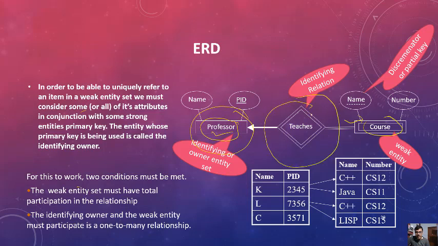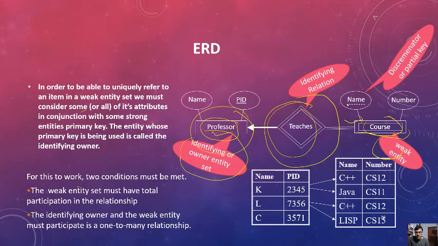Obviously the primary key, which we can denote, though it is not actually the primary key, is the name and number. Number should also be included, and this type of dashed line indicates that in this weak entity set these are the candidate keys, though they are not strong enough to make this entity set strong.